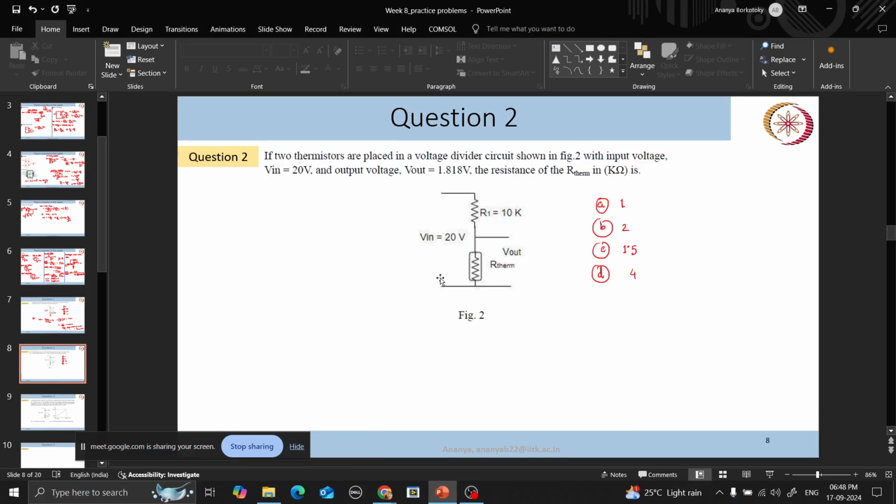So here instead of the resistance values, the voltage value is given. So the process is similar. You can use the same expression, the voltage divider rule. Okay. Tell me the answer.